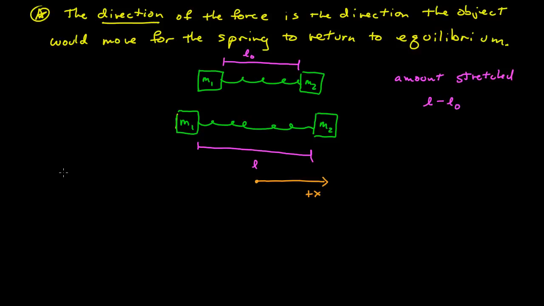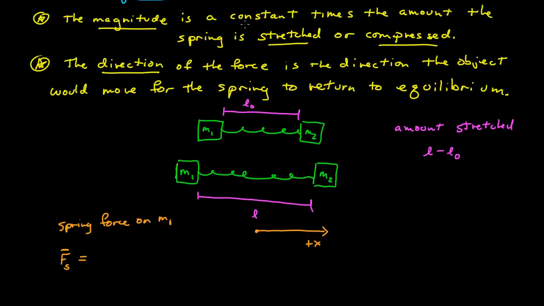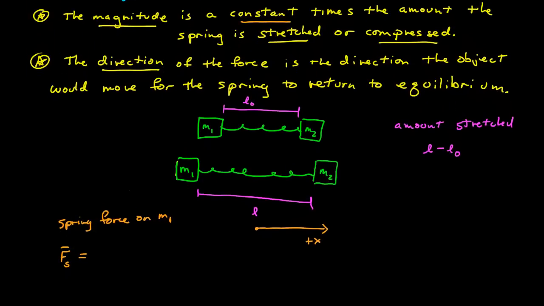So what is the spring force on mass 1? I'll represent that by F sub s. It's a vector, and it's equal to something. Let's get the magnitude first. The magnitude is a constant that depends on the spring.